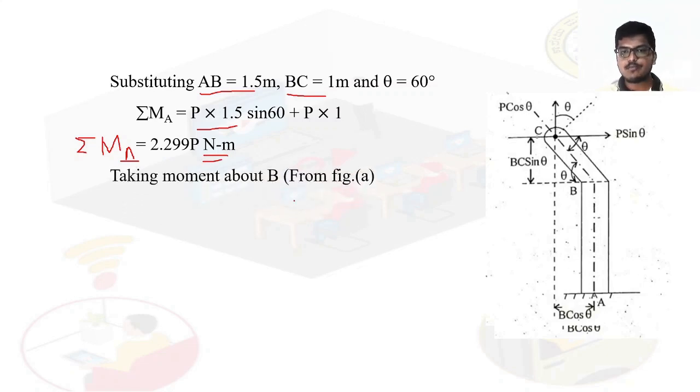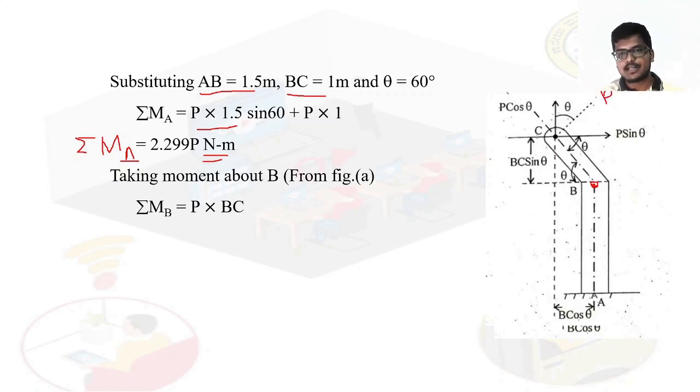Now taking moment about B. B is this point. Taking moment about B, sigma moment about B is equal to this force P into BC.